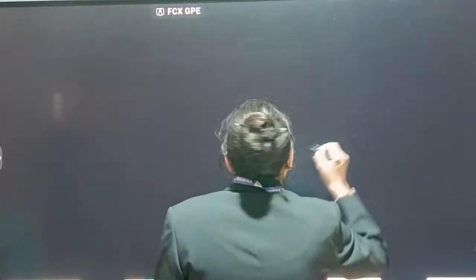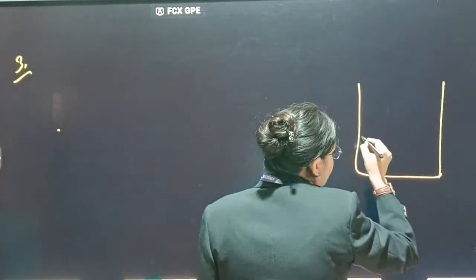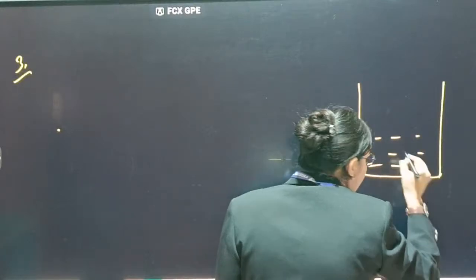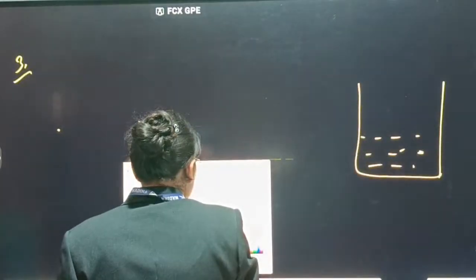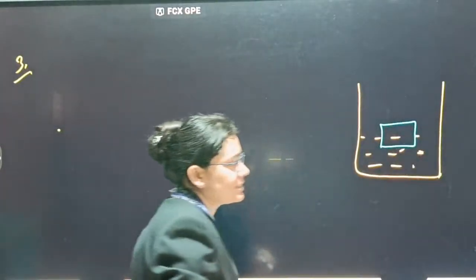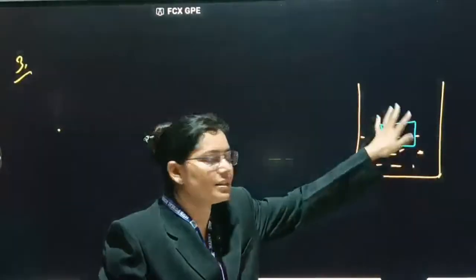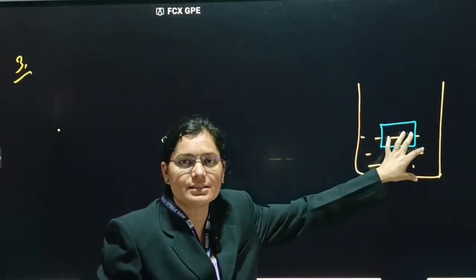Then next, the third law says that if inside a container the liquid is poured like this, some surface of the object is outside the liquid and some is inside the liquid, this is one case. Some part of the object is inside the water, some part is outside the water. Then in that case, which condition can we say?